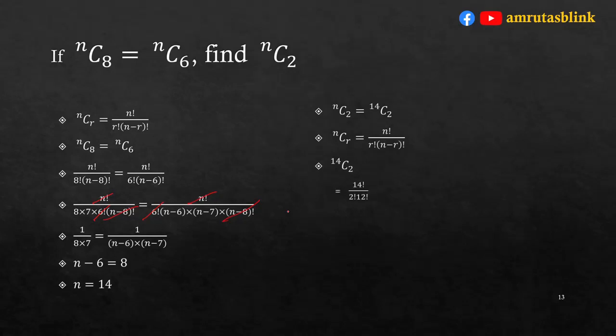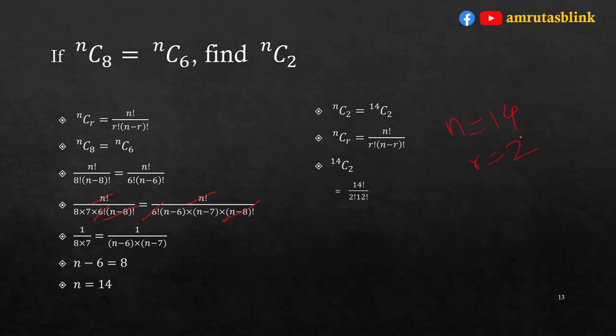So we'll use again the same formula, nCr is equal to n factorial upon r factorial into (n minus r) factorial. So 14C2 is equal to, now n is equal to 14 and r is equal to 2.